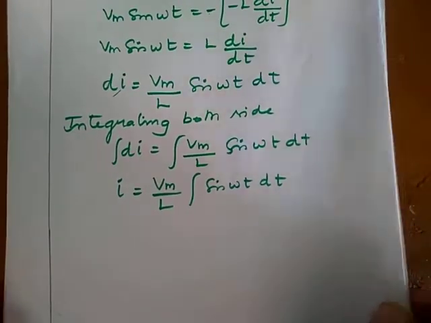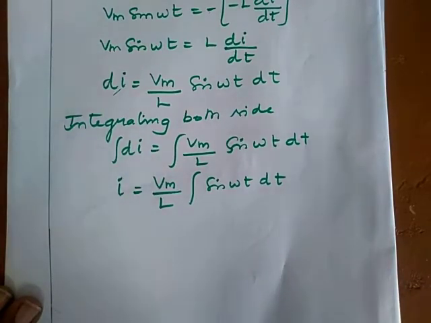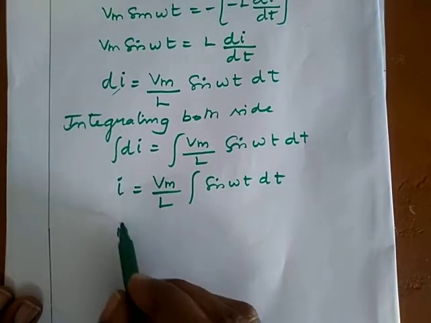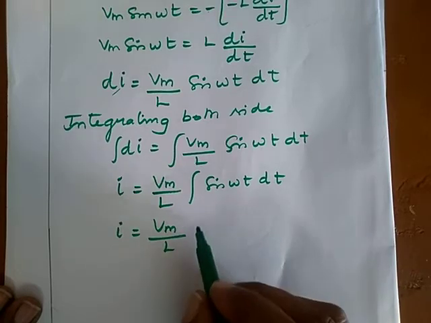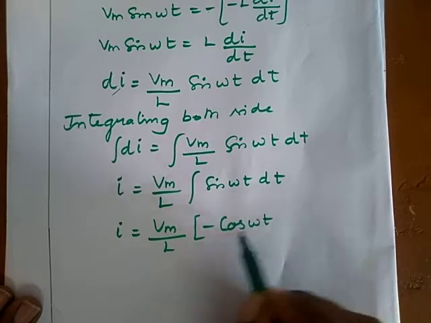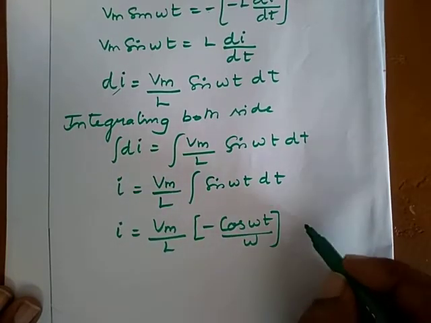We know integrating sin omega t with respect to t gives minus cos omega t by omega. Then I = Vm/L times minus cos omega t by omega, plus an integration constant.